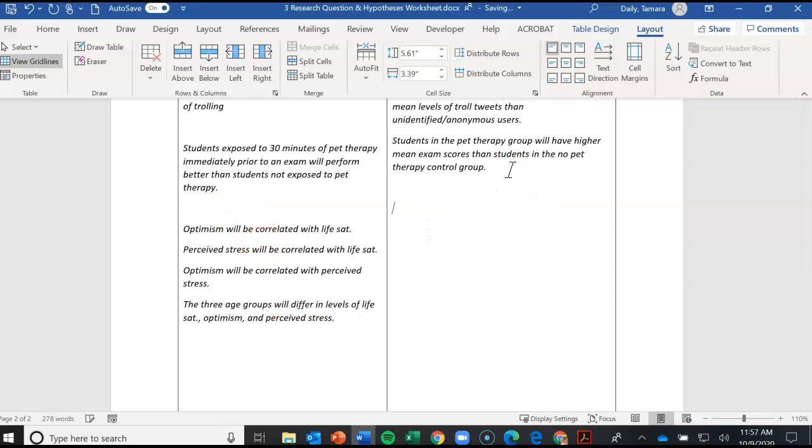Now what about specific hypotheses? So if I say optimism will be correlated with life satisfaction, this is where you need to go to your articles. So in some of the articles that I've found, and you might find this in some of the articles that you're looking at as well.